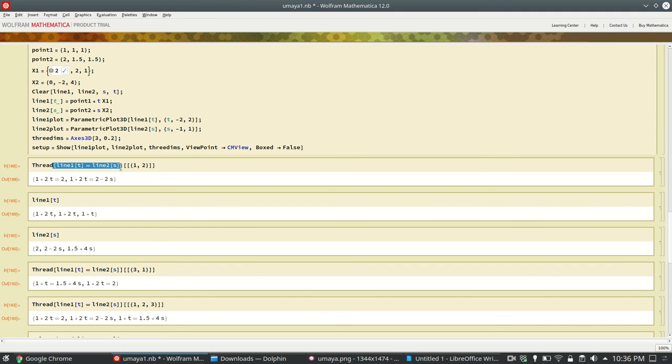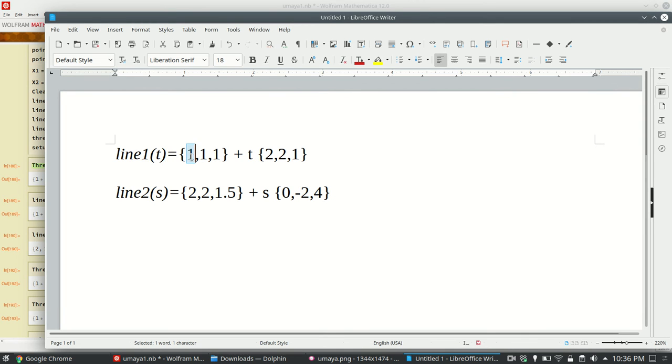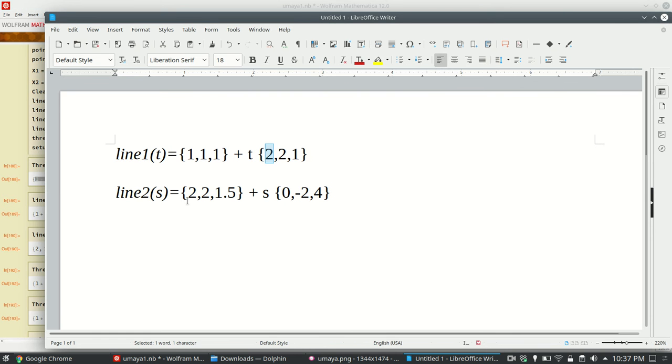So for position 1, the equation is going to be 1 plus t times 2. That's position 1, right? So there it is. 1 plus t times 2 equals line 2 for position 1. Line 2 for position 1 is 2 plus s.